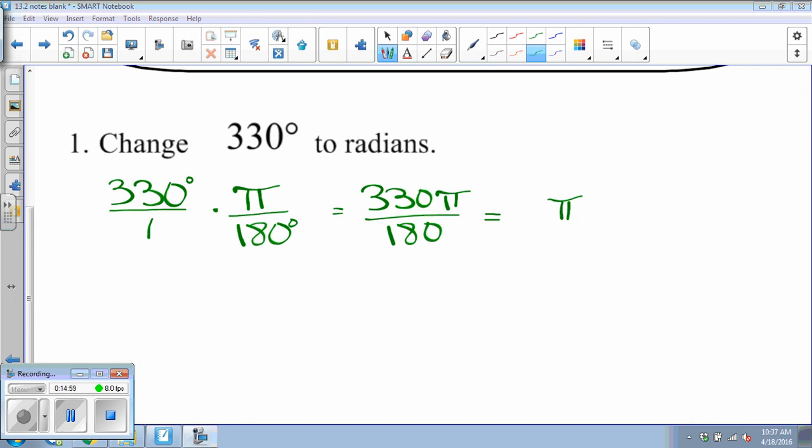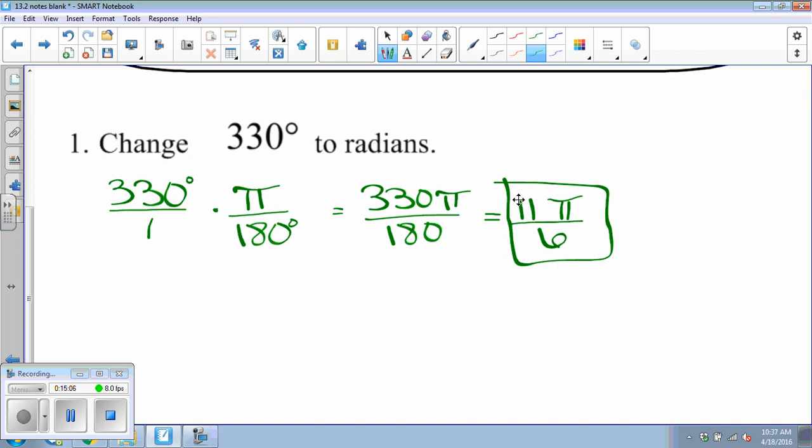Okay, so when you reduce 330 over 180, you get 11 over 6. So 11 pi over 6 is your answer, because I know it's radians because it has pi in it. If I actually multiplied that out, I would get some decimal that I'd have to round off. And when we do the calculations, like when we're finding arc length and area in a minute, you're going to have to actually multiply that out and round off to the nearest hundredth.